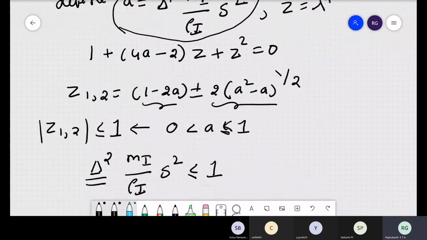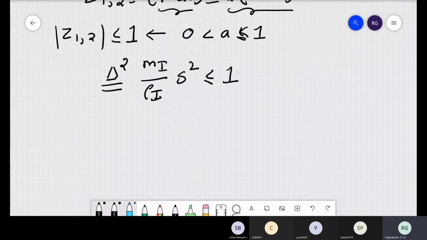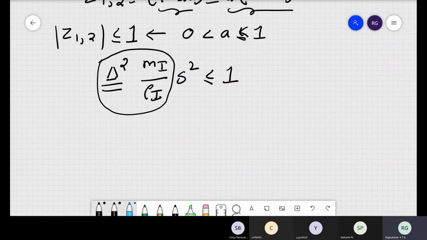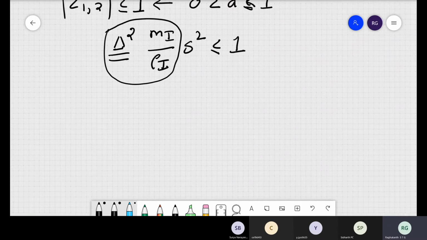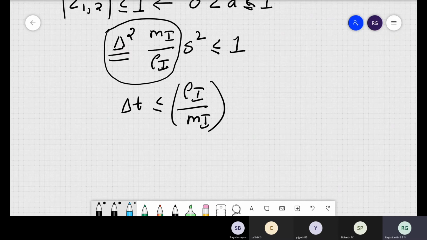Now S is your sine term itself. Anyway, a sine wave's amplitude will lie from -1 to 1. So this is like the amplitude of your sine wave. Which means your delta t should be less than h times the square root of rho I by mu.